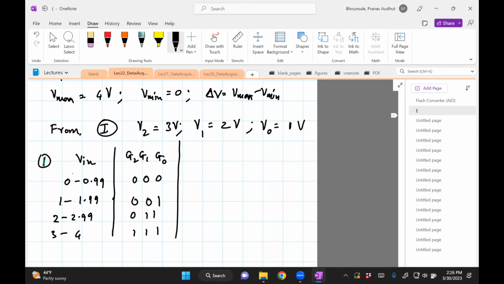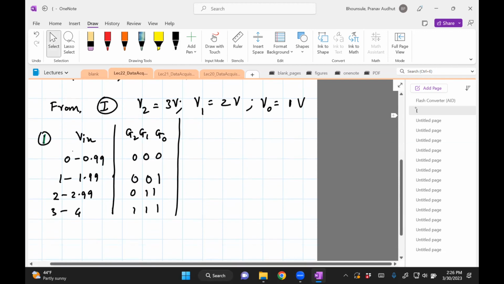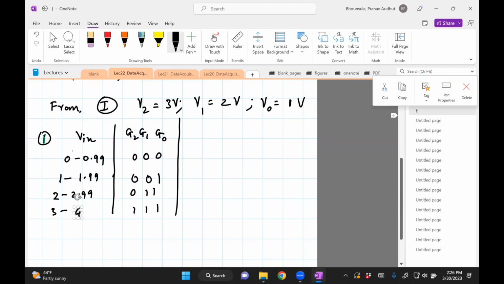So using these 3 comparators, we got 0, 0, 0 all the way to 1, 1, 1. These numbers are different, which is good news, so I can somehow codify them.